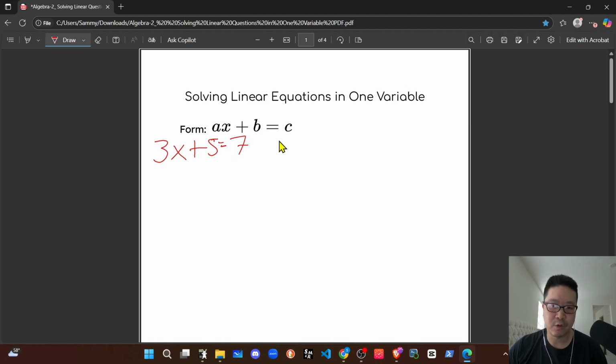Another example is 2c minus 5 equals 7. In this case, we're just using c as our variable instead of x. Another example of a linear equation is something like 42y plus the square root of 3 equals 99.